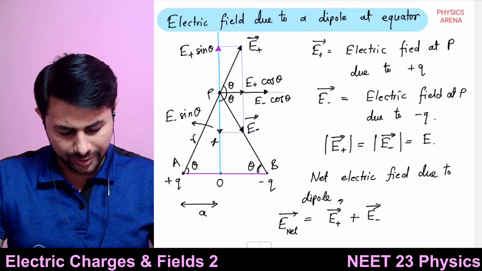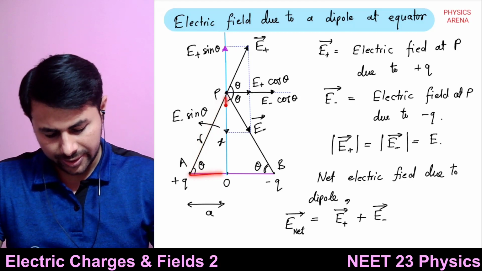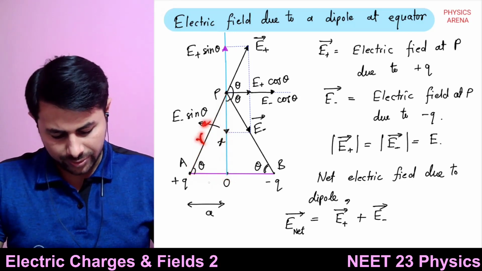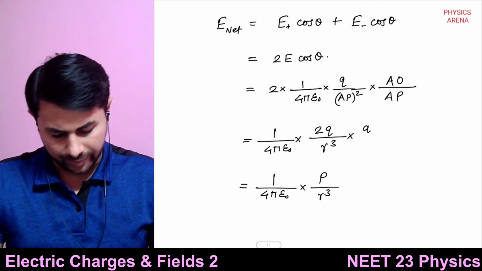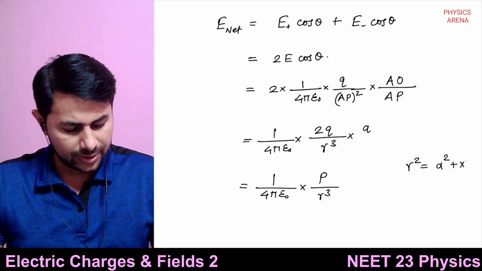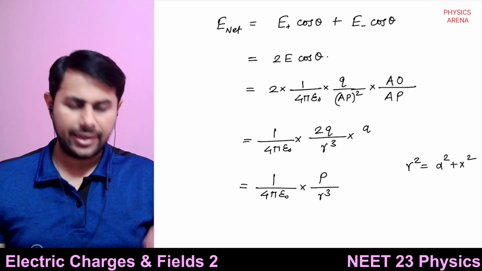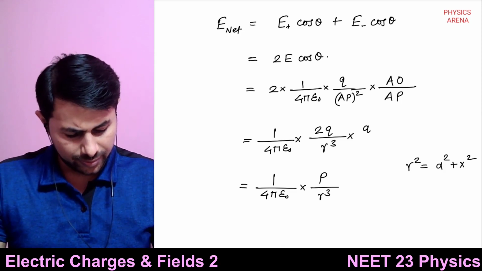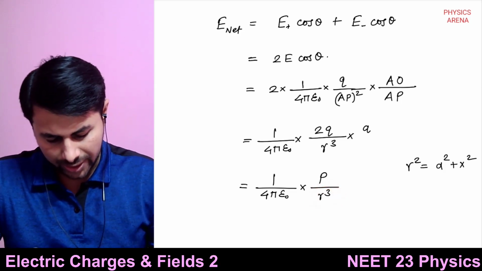And what is R? If we consider this triangle, R square is equal to A square plus X square. So R is equal to A square plus X square raised to 1 by 2, the square root of that. And we have the third power of R here.